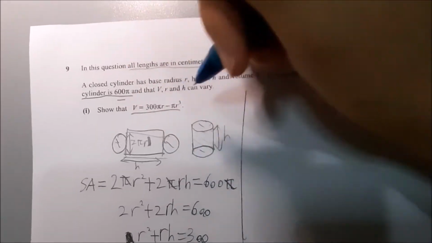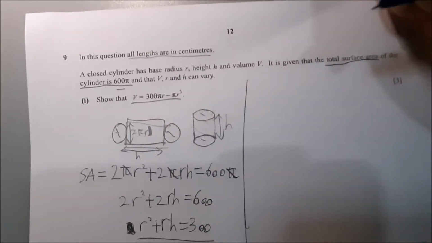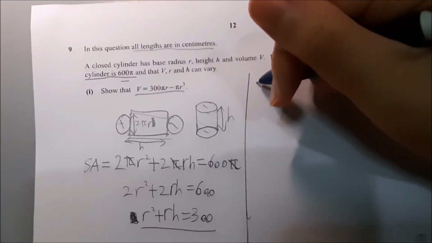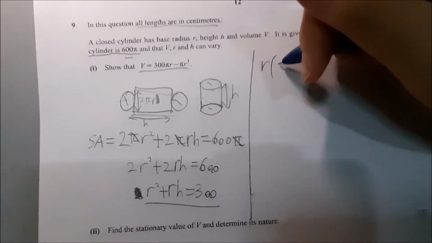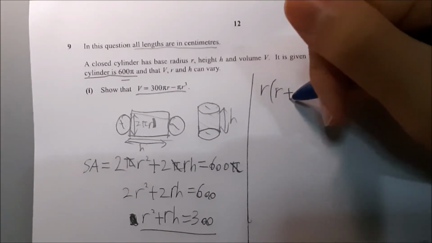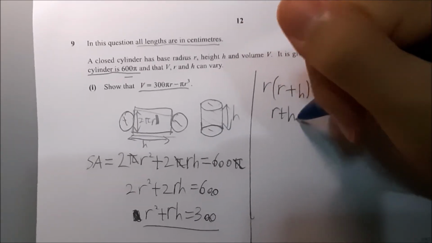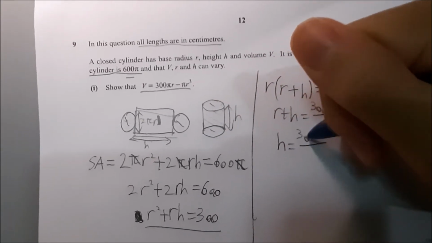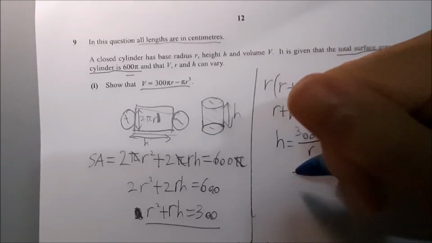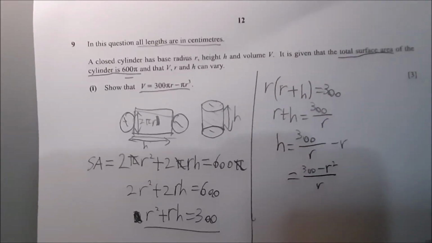It does not contain any h values, as h is substituted inside the equation. So if you make h the subject by factorizing the equation, h will be 300 over r minus r, or it can also be 300 minus r squared over r.